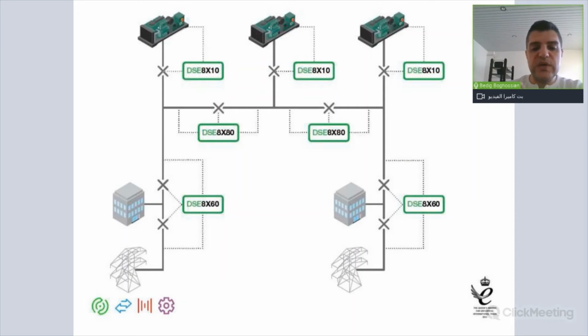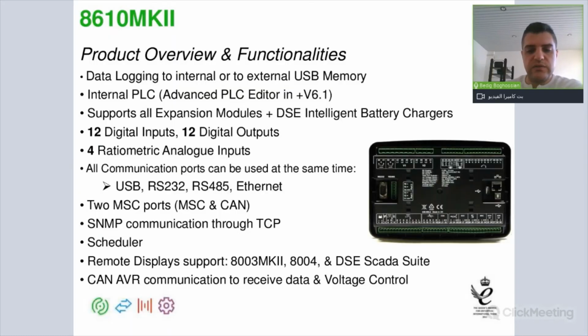But if you got only one main source, then you can avoid the bus breaker on the 8660. But for a multiple mains source paralleling application, you need to have both the mains and the bus breakers. For a bus tie breaker application, if you have bus segments, you need to use the 8680 for the bus tie control.